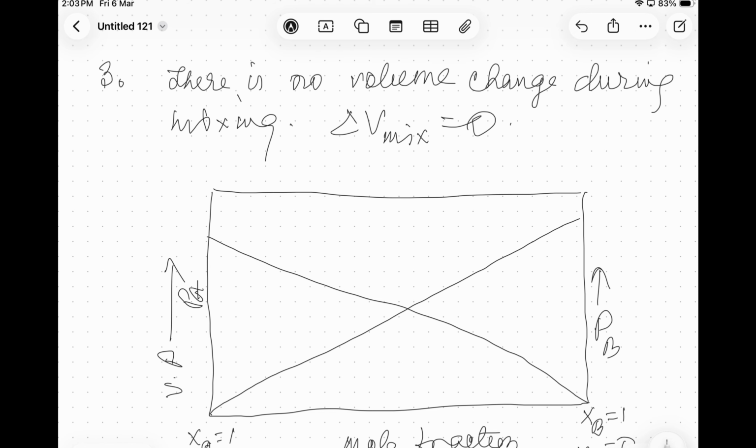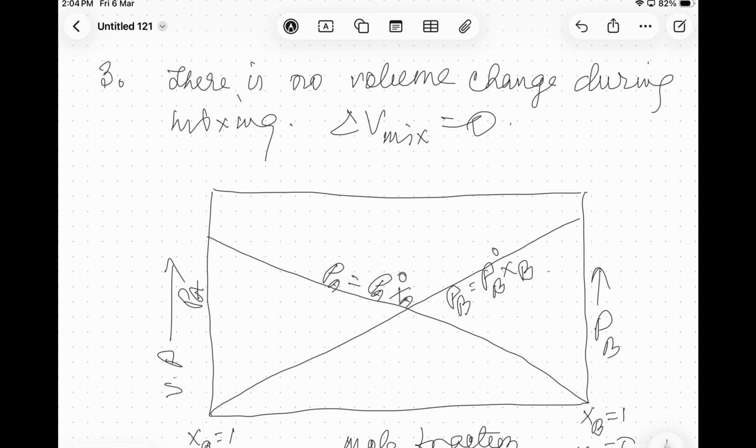So, this is the graph of PA equals PA naught XA, and this graph is PB graph, PB naught XB.